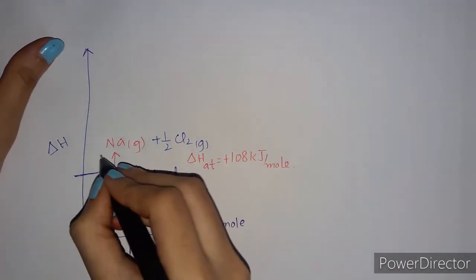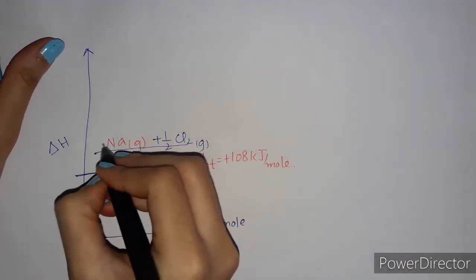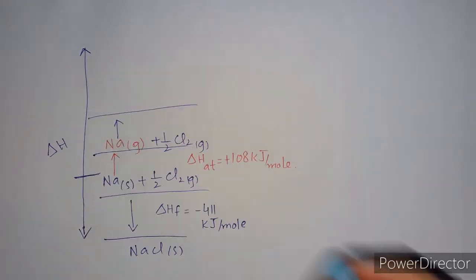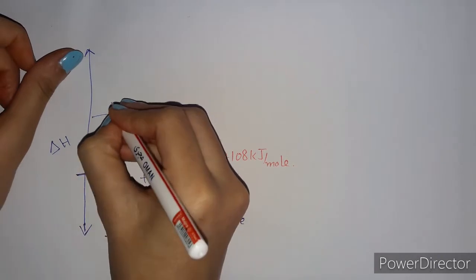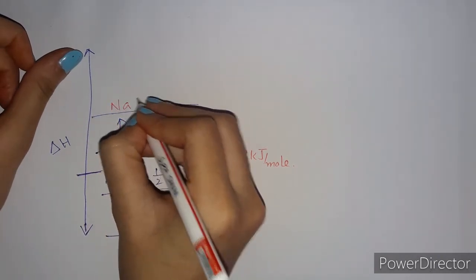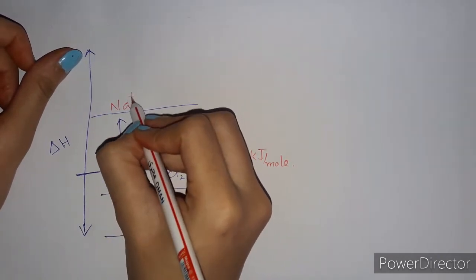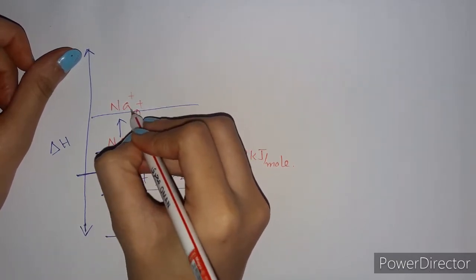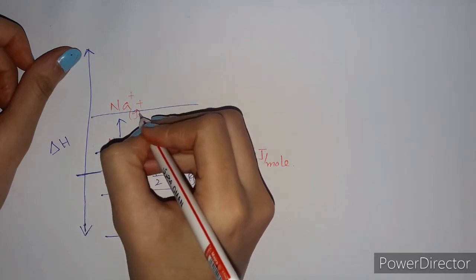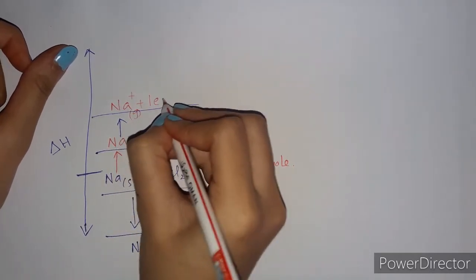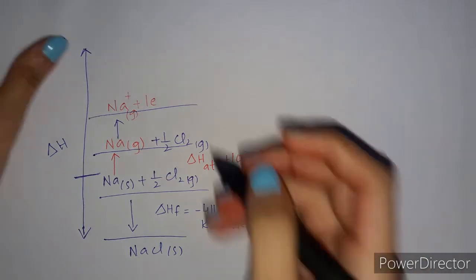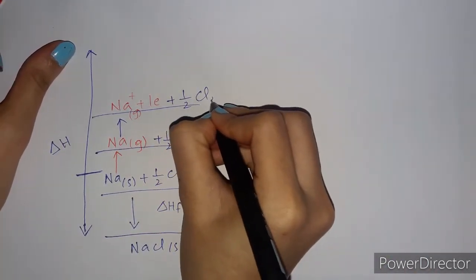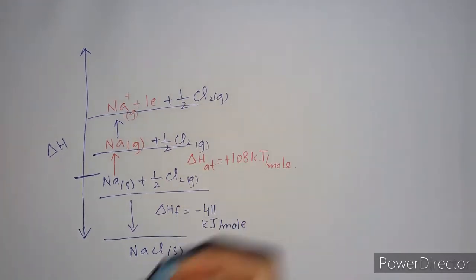Then next you can draw a line here. Then this sodium converts into Na. Losing an electron, it becomes a single positive gaseous ion, and half chlorine remains the same.